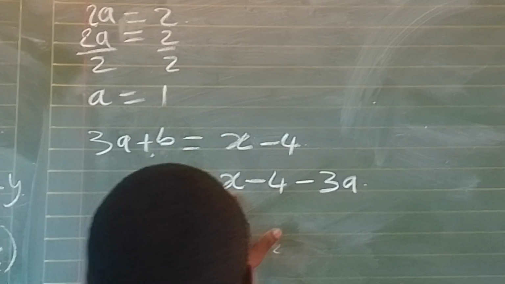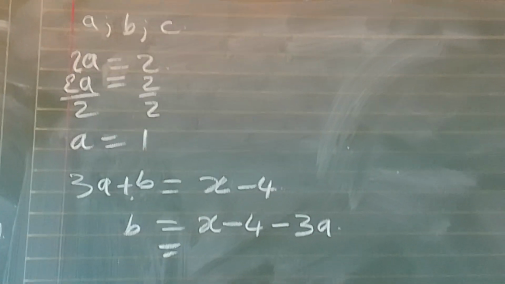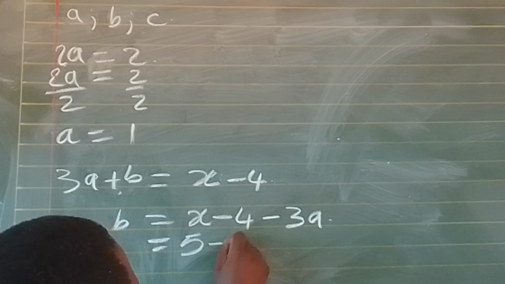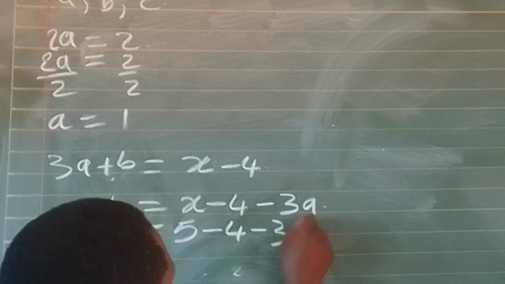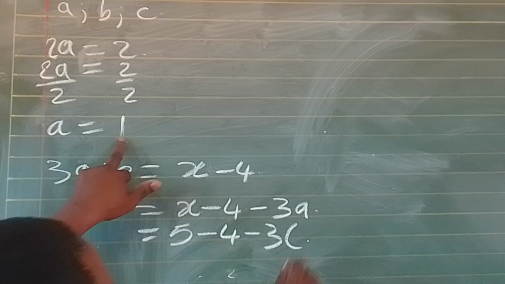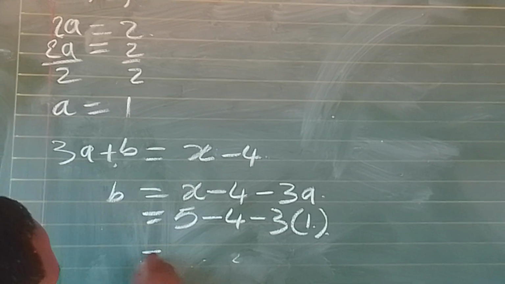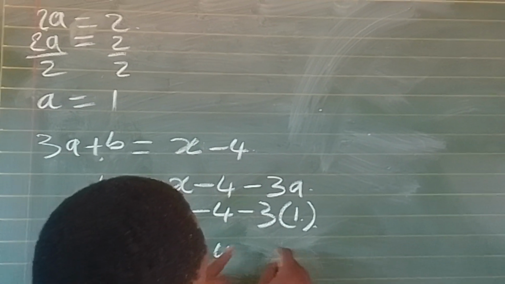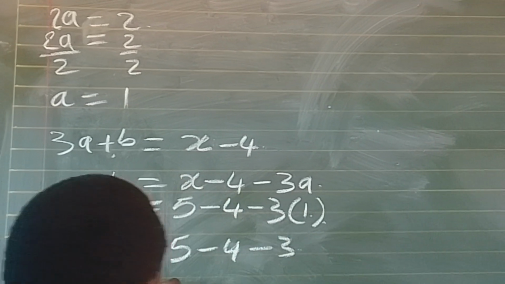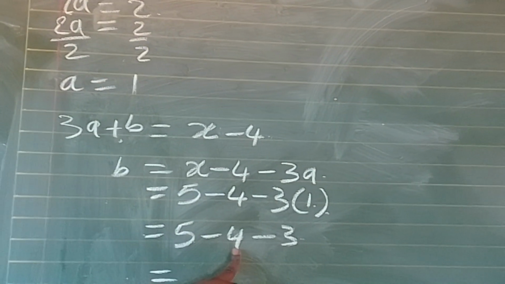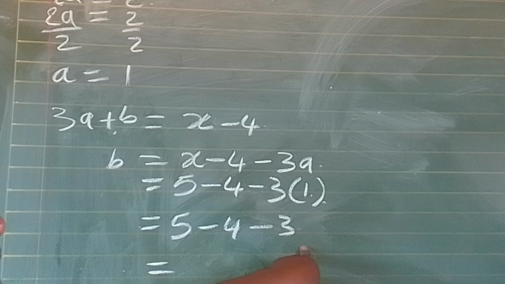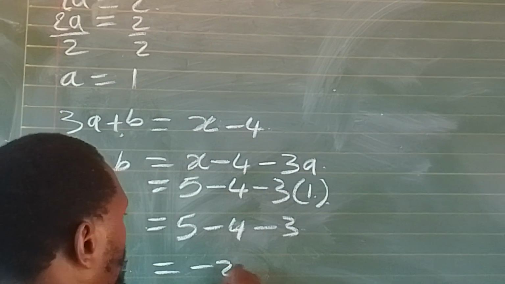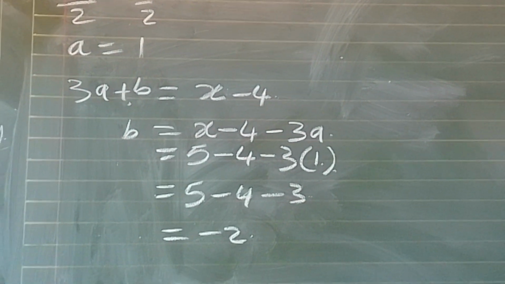Now we find the value of X is 5. You plug the 5 here, minus 4, minus 3. Your A was calculated to be 1. Now B is going to be 5 minus 4 minus 3. 5 minus 4 is 1. 1 minus 3 is minus 2. Then our B is minus 2.